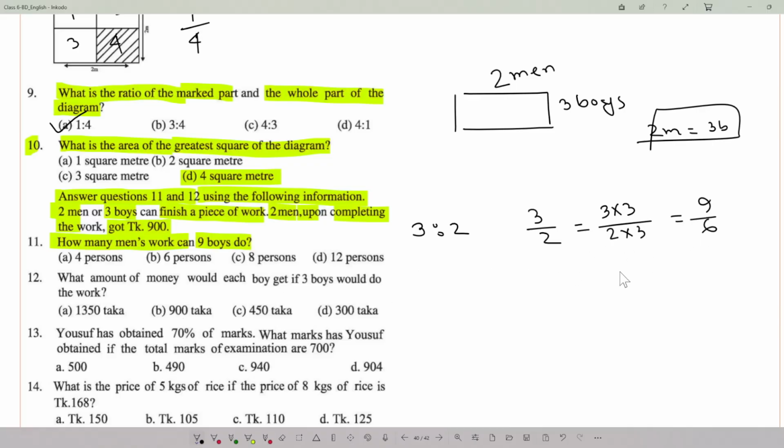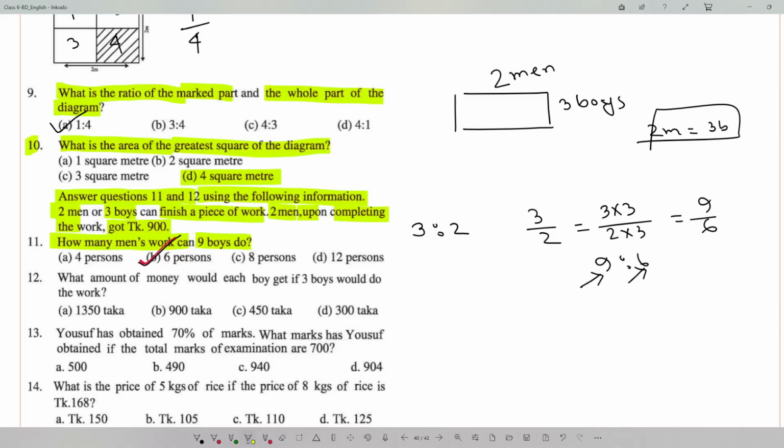So it means 9:6, that means 9 boys can do 6 men's work. So our answer is number B, which is 6. This kind of question, you have to find out what is given, and you have to understand the possibility. Okay.